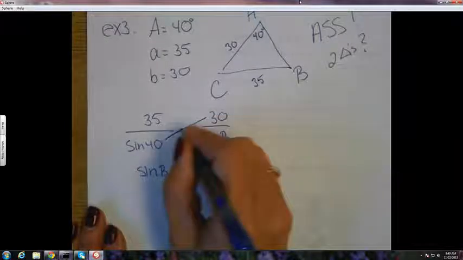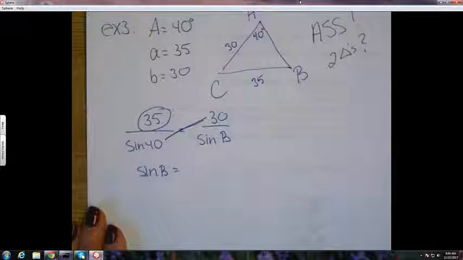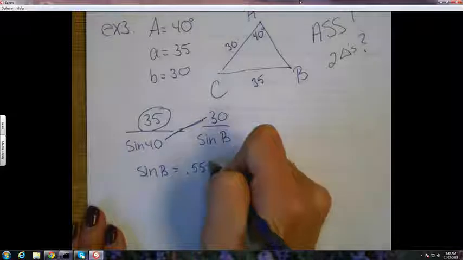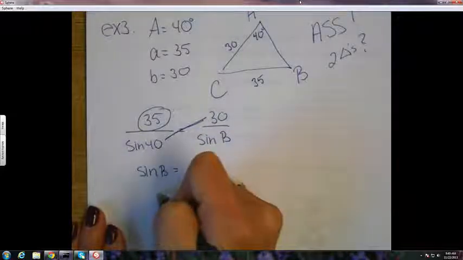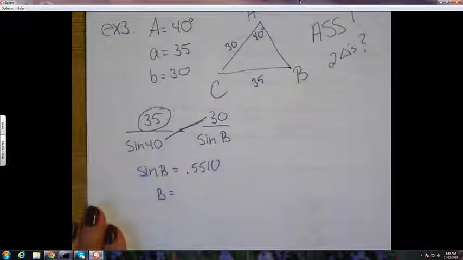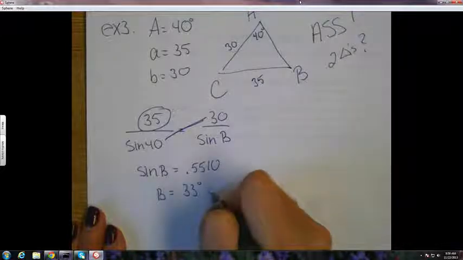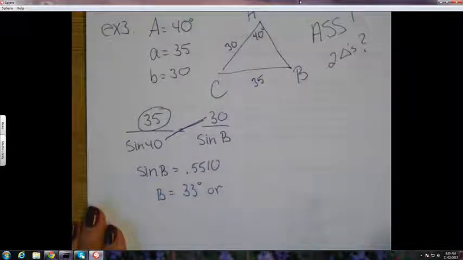Multiply here, divide here. 0.55. Then to get angle B, inverse sine, and I know you're going to have at least one triangle here. And this is where you're going to check for the second one, or what else could be equal. It's right here.